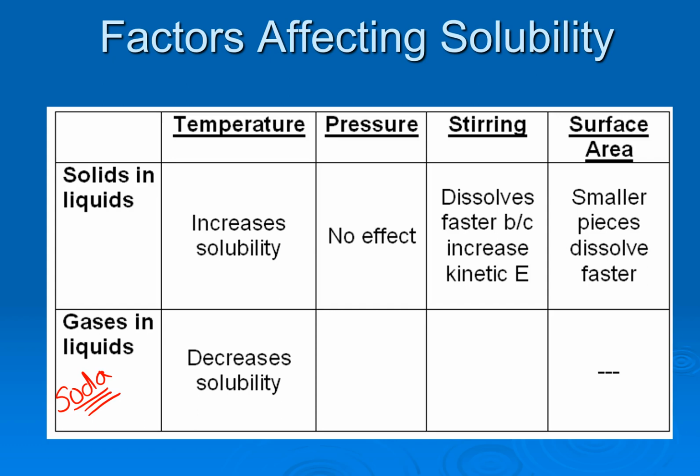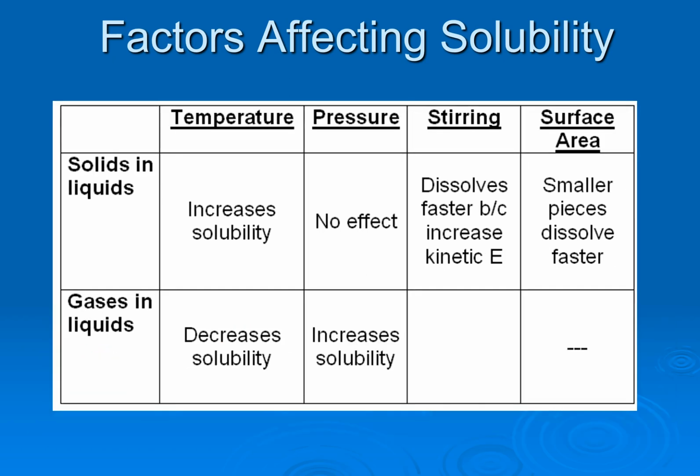So, if you increase the temperature, you actually decrease the solubility. That's like when soda goes flat. Okay, so if you increase the temperature of your soda water, you actually make the carbon dioxide bubbles come out of the solution. But if you increase the pressure, then you increase the solubility.